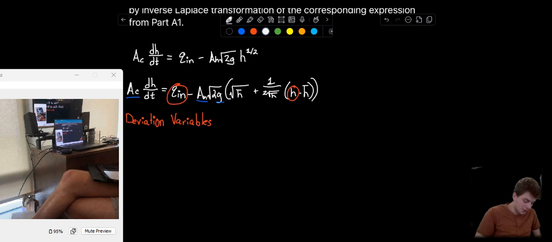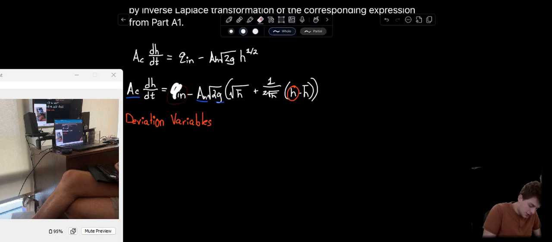We can go ahead and actually define Q next, Q in. We're going to just call this Q now from now on. And this should really be Q. Q prime would be Q minus Q bar.